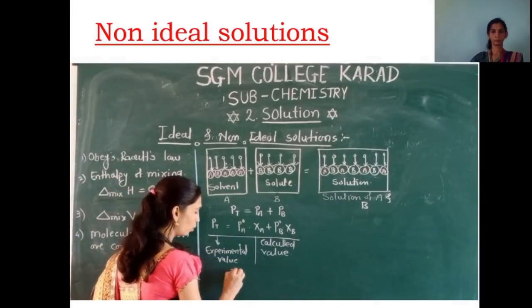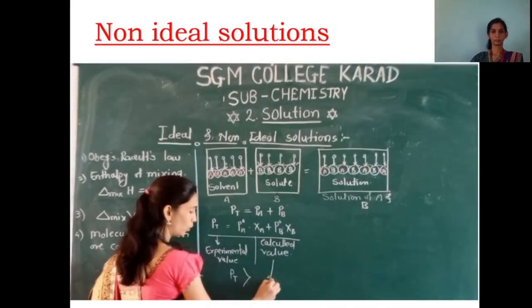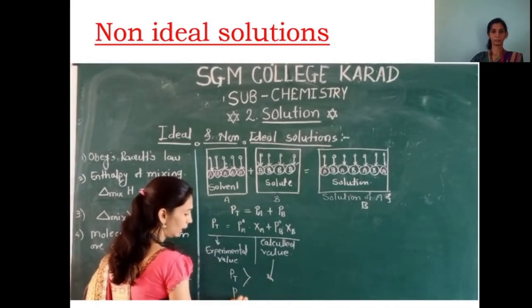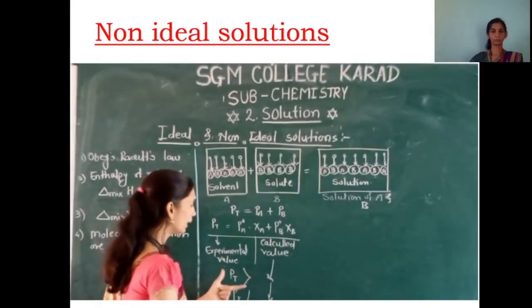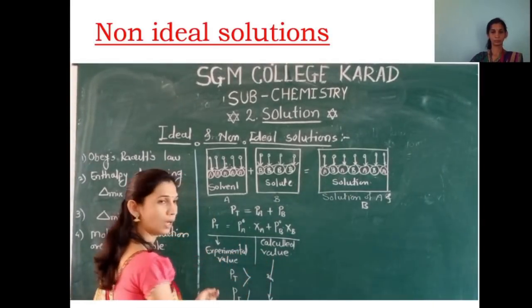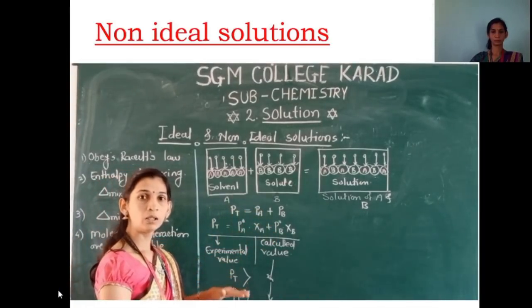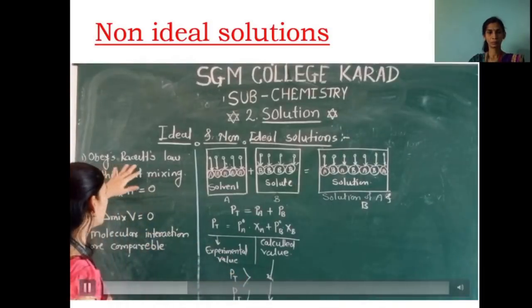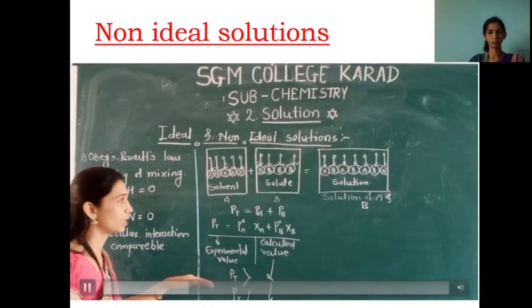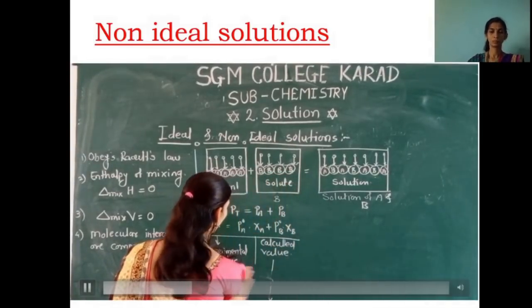That means the value of PT is greater than the calculated value, or PT is less than the calculated value. आता या कॅल्क्युलेटेड व्हॅल्यू पेक्षा एकतर टोटल प्रेशर काय असणार आहे, जास्त असणार आहे किंवा कमी असणार आहे, इक्वल नसणार आहे, म्हणजेच आपला रॉल्स लॉ ओबे करत नाही. असे जे सोल्युशन्स आहेत त्यांना आपण नॉन आयडियल सोल्युशन्स असं म्हणणार आहे.